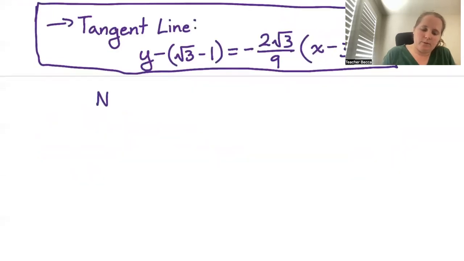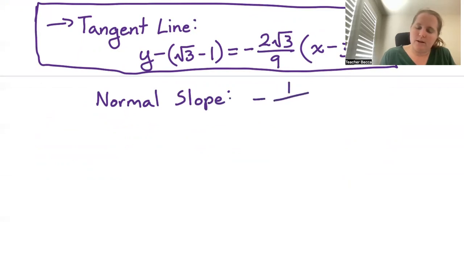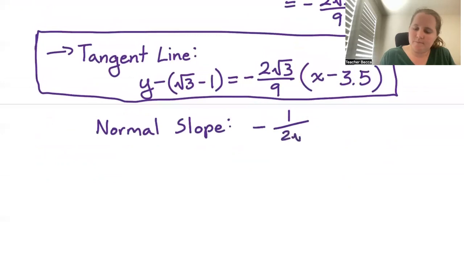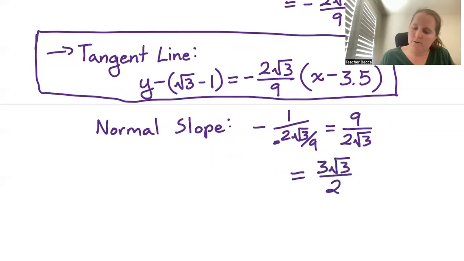Our normal slope is just negative 1 over negative 2 root 3 over 9, or a positive 9 over 2 root 3, otherwise known as 3 root 3 over 2.